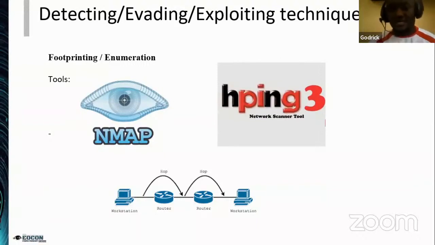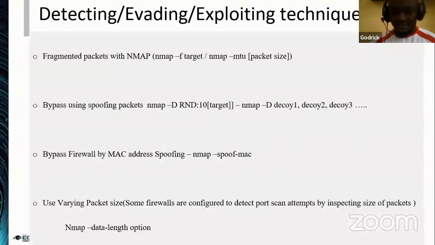So those are tools that help us detect and bypass some common norms that were set out by those firewalls and IDSs. These are the tools that we use in order to carry out such attacks.